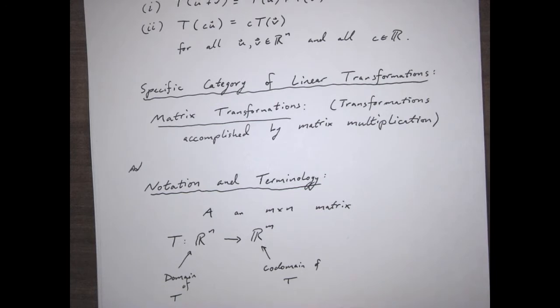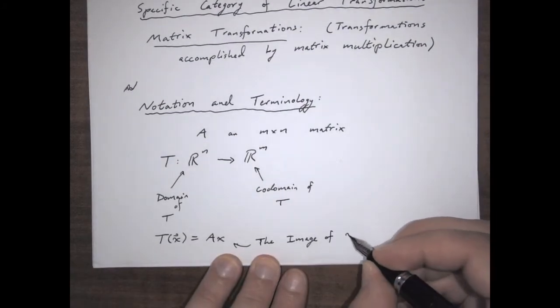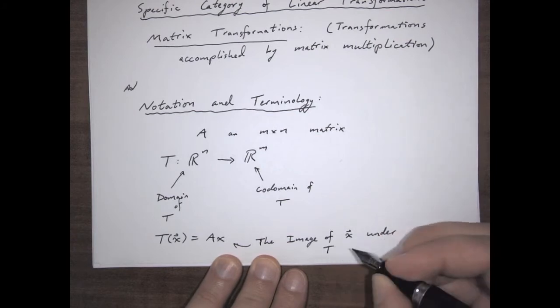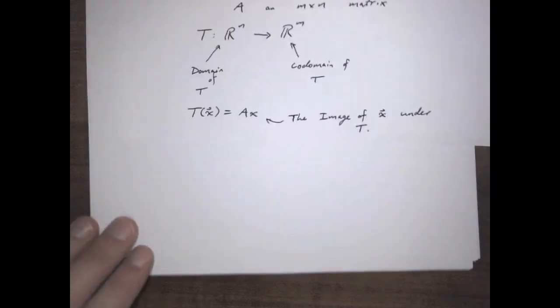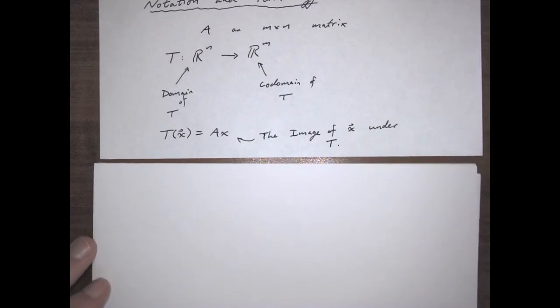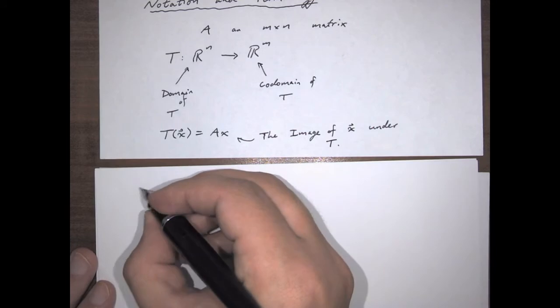And we call the result of this the image of x under T. And then we would call the set of all the things that you can get by multiplying by the matrix A, we call that the range.